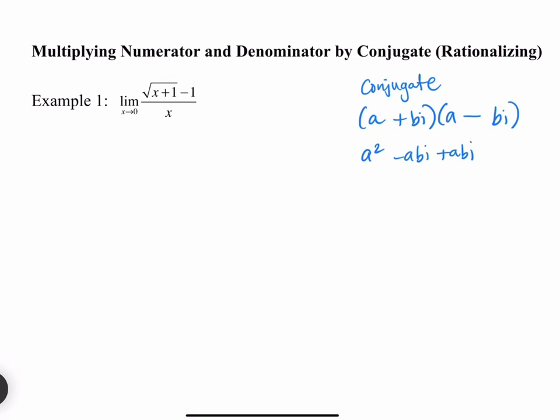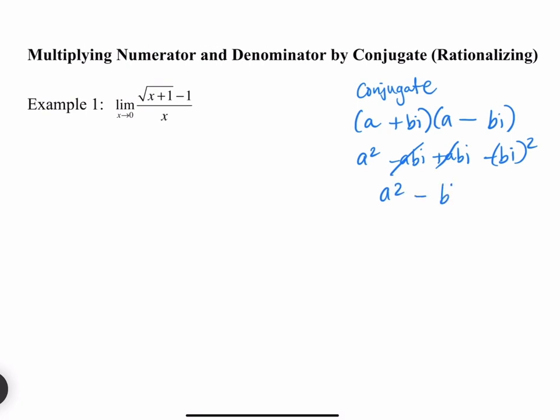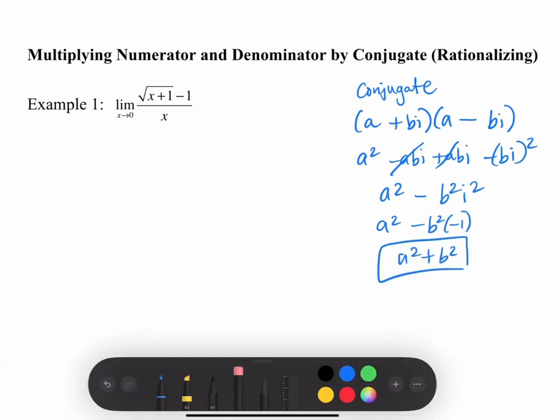I end up with, instead of imaginary numbers, I know that i squared is the same as -1. I end up with an expression that is not imaginary, that does not have any i's.